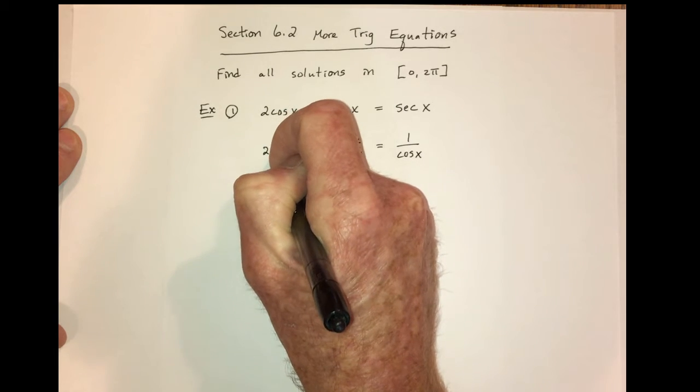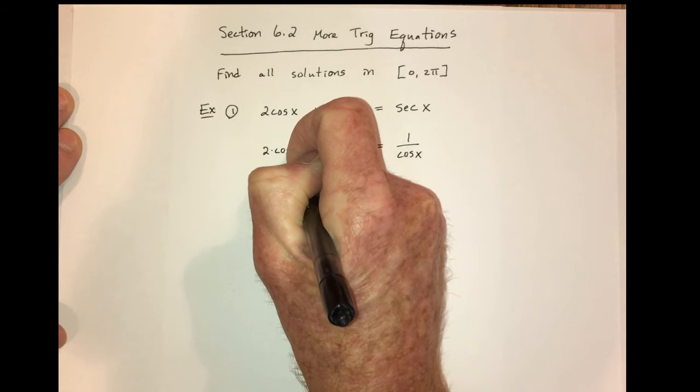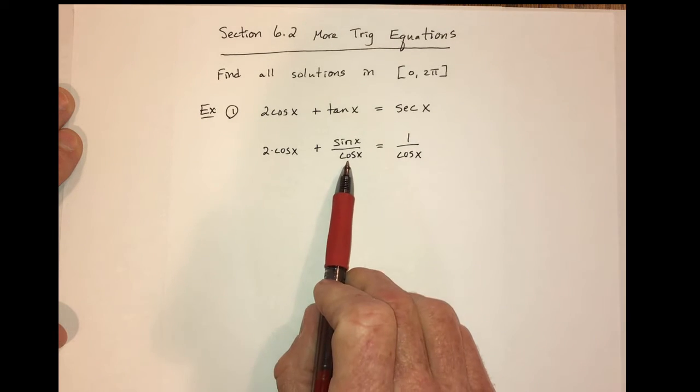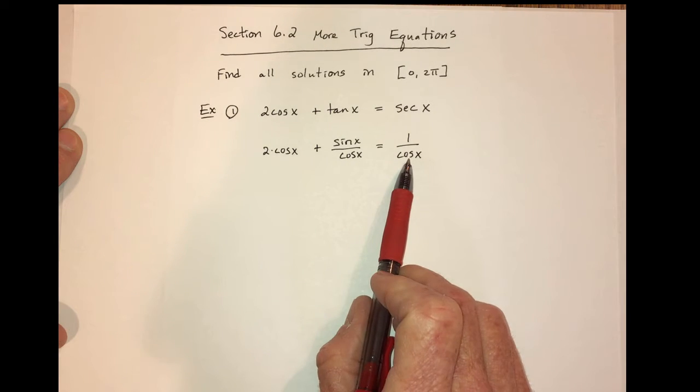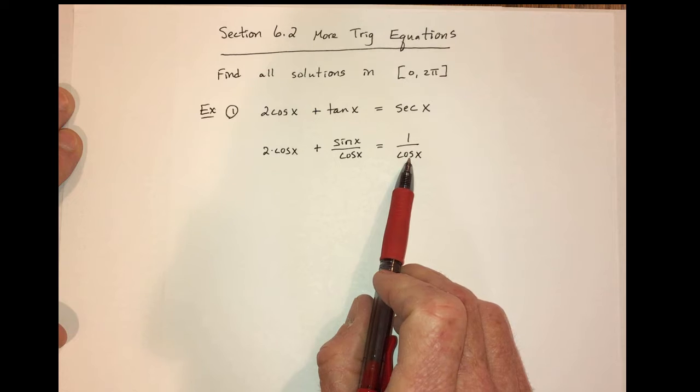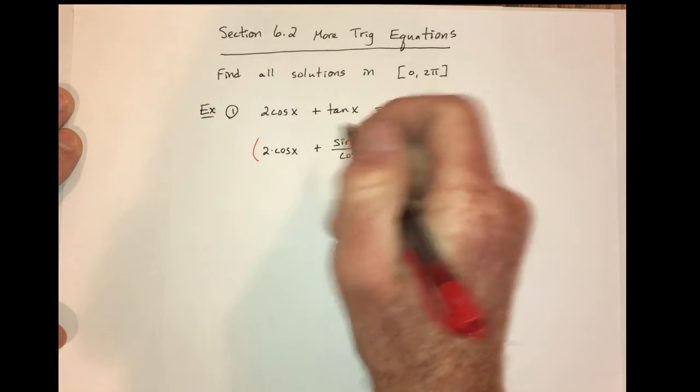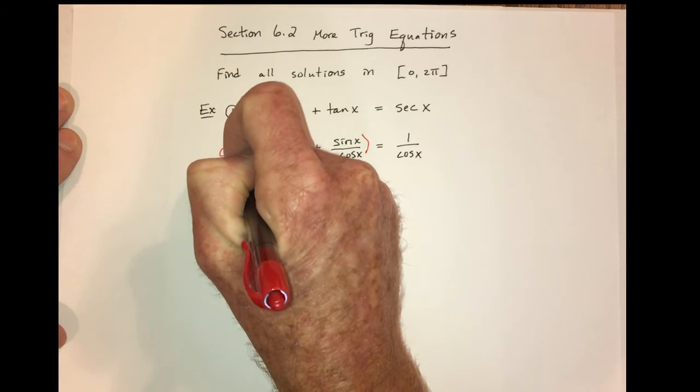And this one can stay the same. Now what I want to do is eliminate these fractions, or eliminate the cosines. So multiply both sides by cosine of x.